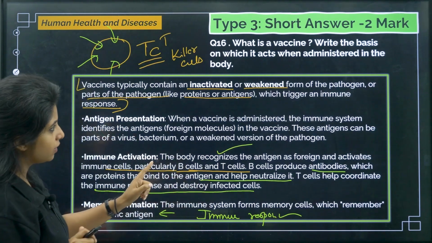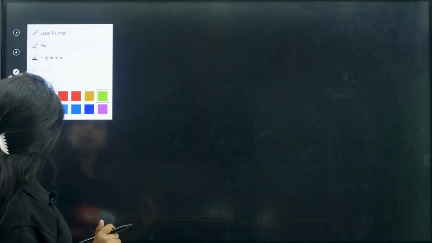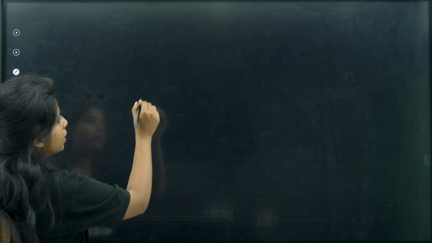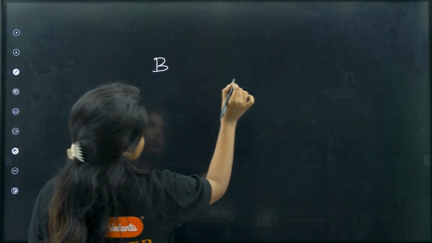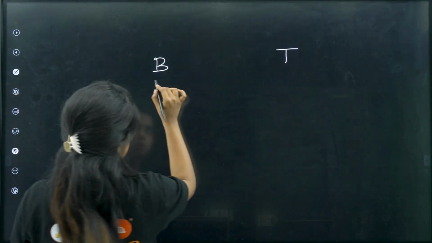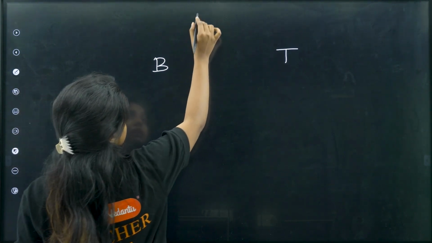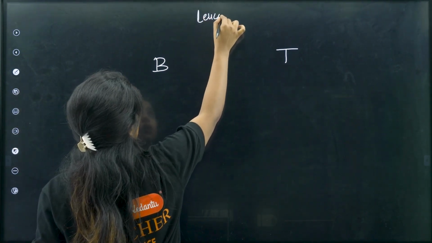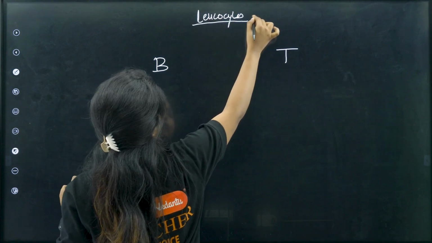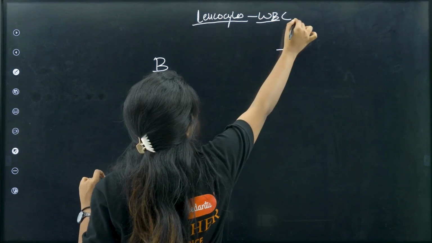Since I think I have made you confused regarding B and T cells, I want to explain a bit. So just spare a bit of time with me. Remember, you have two types of cells, B lymphocytes and T lymphocytes. Both are lymphocytes, and lymphocytes come under which category, children? Leukocytes. Leukocytes are WBCs. We have different types of WBCs.